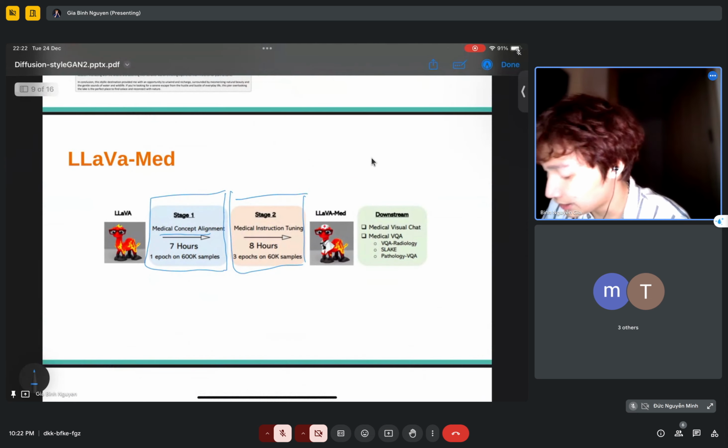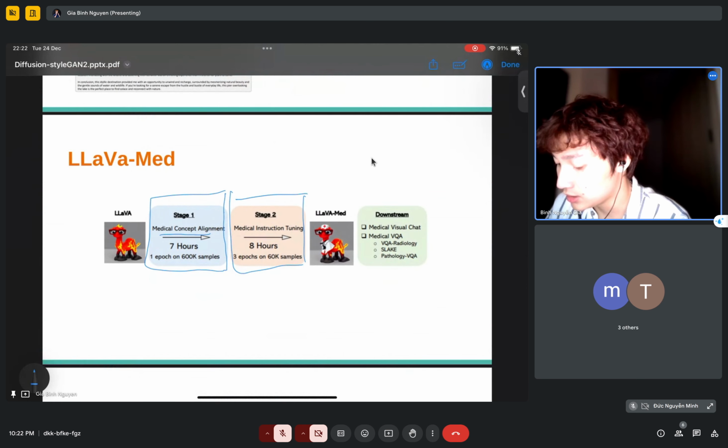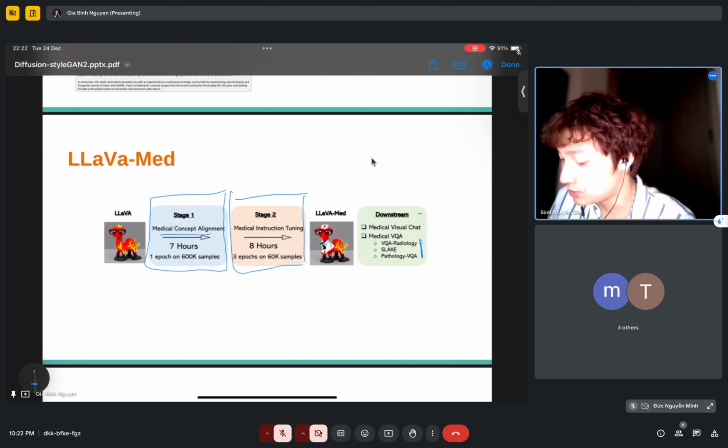Then finally, after the two stages of training, LLaVA-Med will be fine-tuned on downstream tasks like medical visual chat and medical VQA, on the three datasets I mentioned earlier in this seminar.